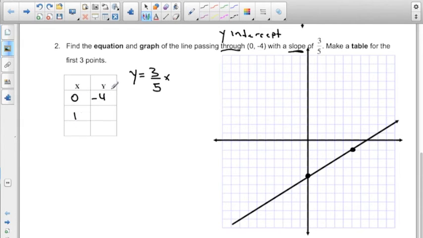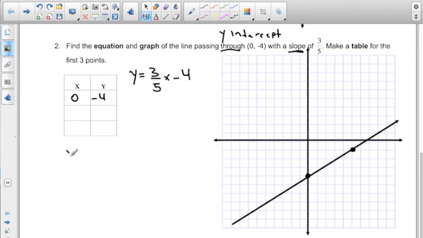When it's 1, we're going to have 3/5. Okay, so what we'll do for the rest of it is we're going to do it algebraically. So we know that b is -4. So we can actually say our rule is y equals 3/5 x minus 4. So let's just substitute.